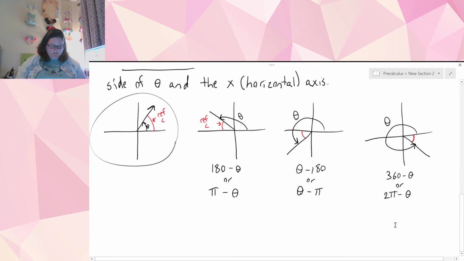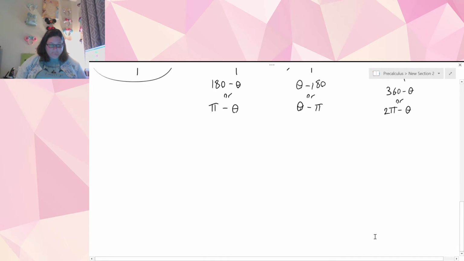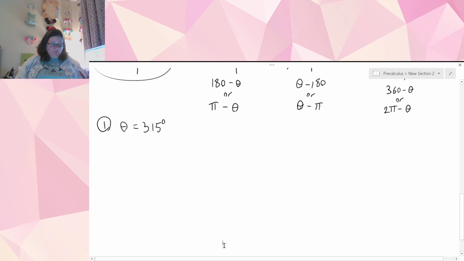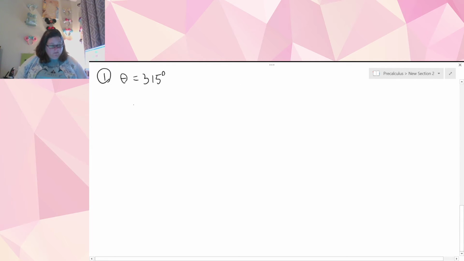So let's actually look at some problems doing that. Theta is 315 degrees. I'm a very visual person when it comes to trig, so let's draw that. 315 degrees is greater than 270 but less than 360, so it's out here somewhere.